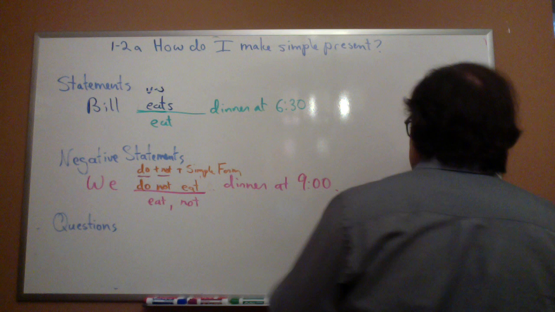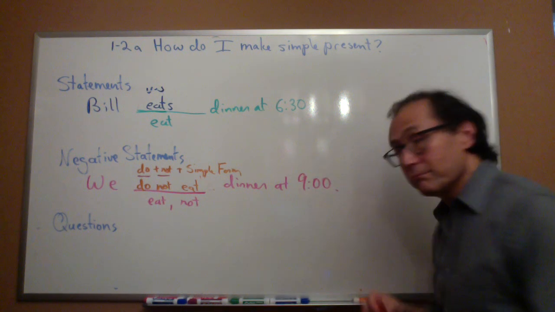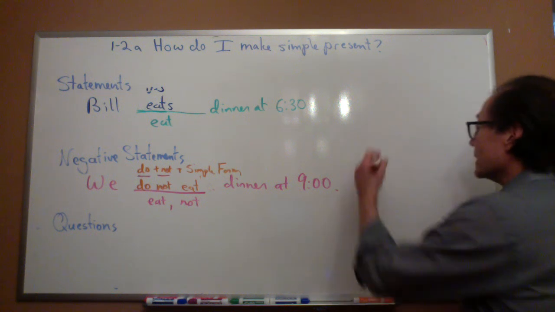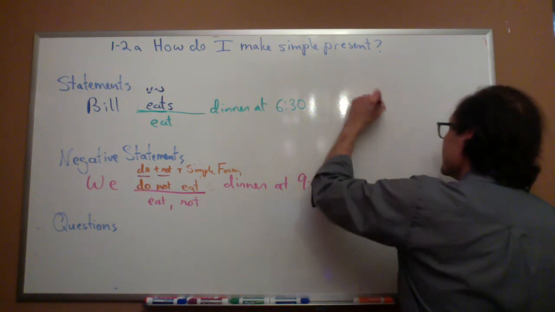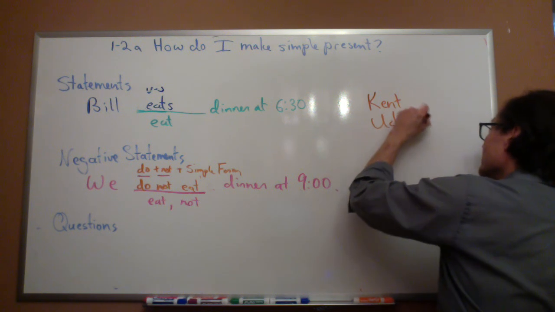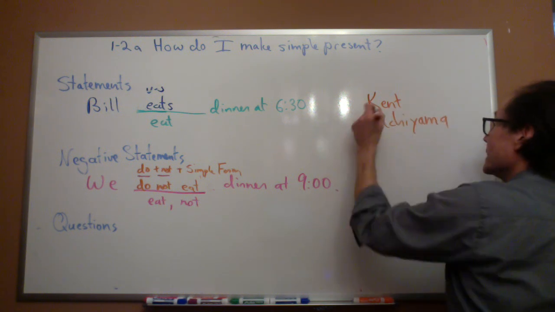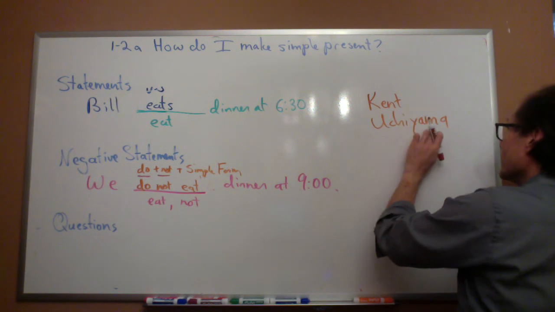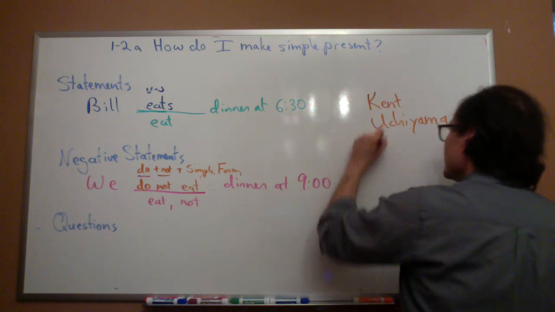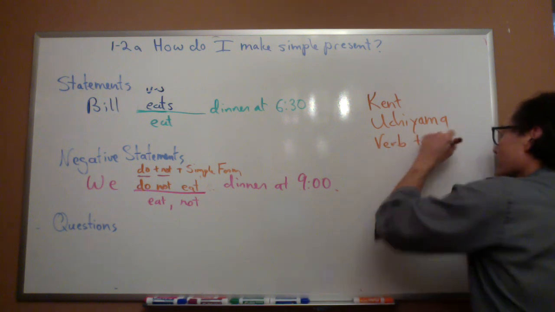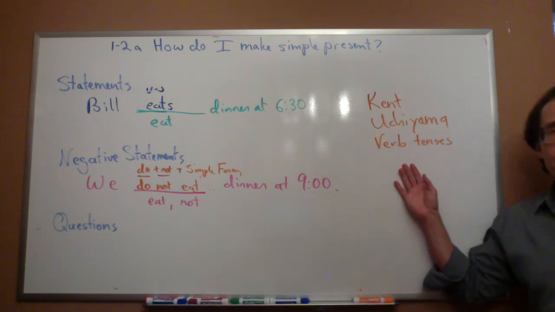If you Google my name, or you use Yahoo or Bing or whatever search engine your computer uses, my name, which is Kent Uchiyama, and then maybe add the words verb tenses, you will find the book.